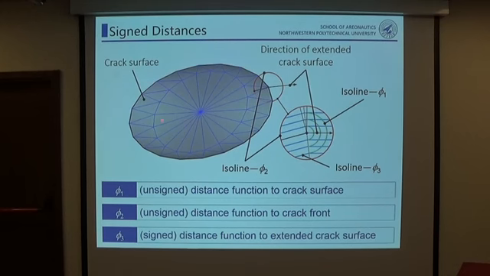After that, we define three distance functions to the discrete crack surface. These are the distance functions to the crack surface, the crack front, and the extended crack surface. And the lines in the 3 colors are the isolines of the 3 distance functions.